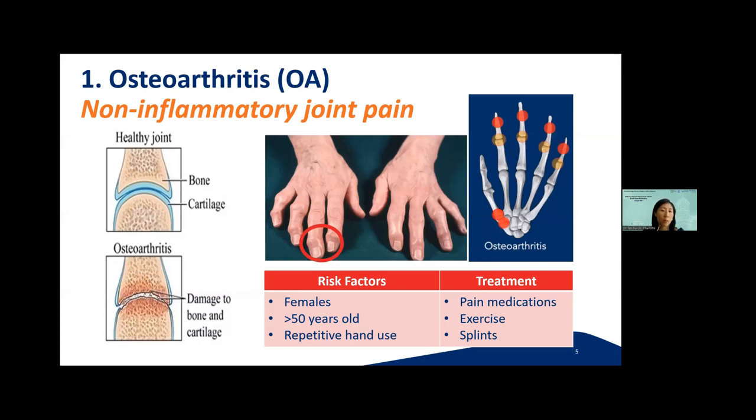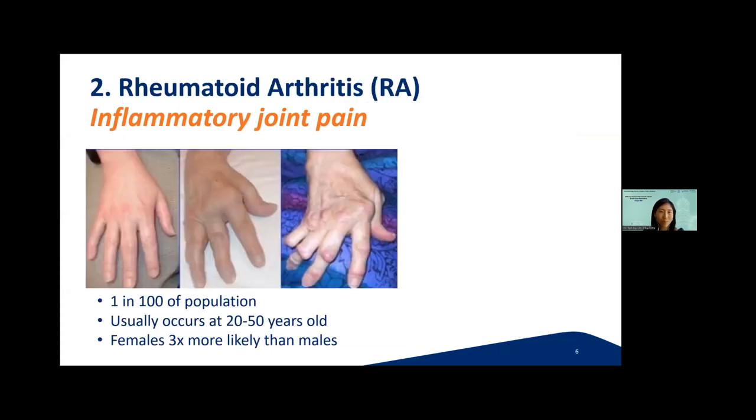For those that are experiencing discomfort when doing daily activities such as wringing clothes, seeing a hand occupational therapist can be helpful to learn certain exercises to protect and strengthen the joint, which my colleague Ms. Julia will share more at the end of our session.